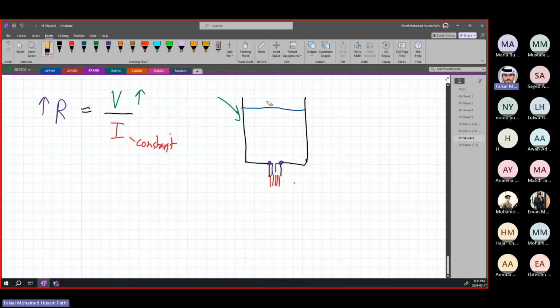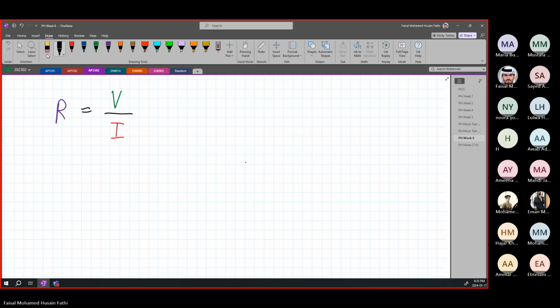Again, at your level, all you guys need to know is V is equal to IR. All right, this is the equation, or R is equal to V over I. This is the equation that you're going to be using almost every day in your life if you are an electrical engineer, or even in mechanical, even in any engineering. If you see any electrical system, this is the most important equation. This equation is known as Ohm's law.